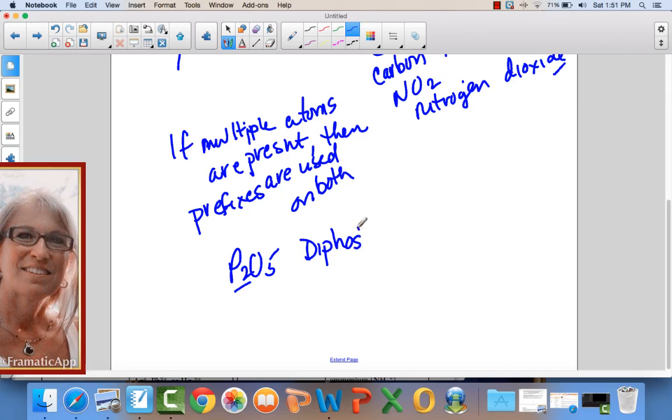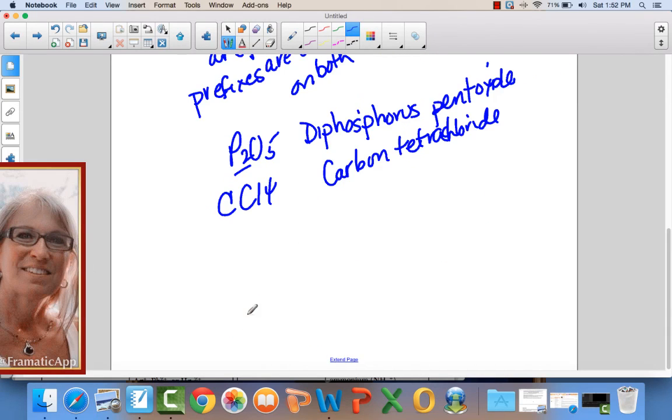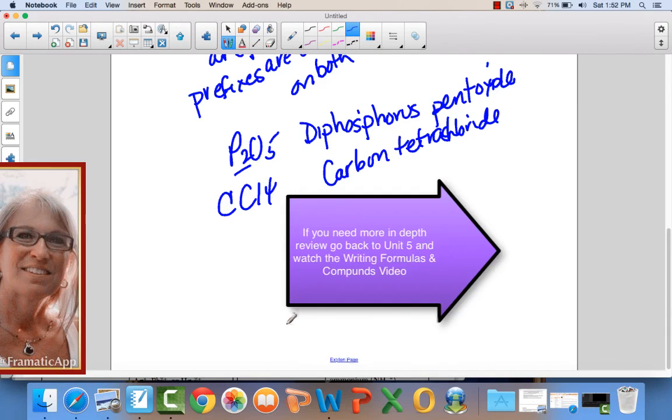So I'm just naming it. And then pentoxide. I just named the first one, carbon. And then 4 is tetra. Okay, those are some general examples.